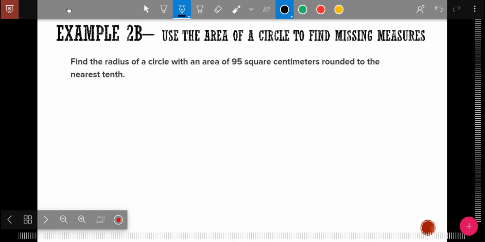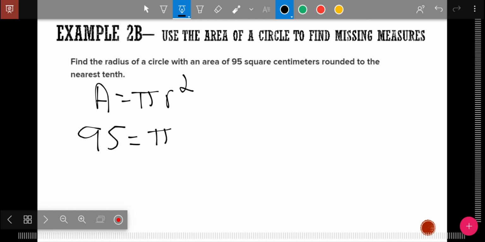Same kind of problem here. Area equals pi r squared. Find the radius of a circle with an area of 95 square centimeters. Round to the nearest tenth. Well, you're going to plug 95 in here and then divide by pi. I did that on a calculator.